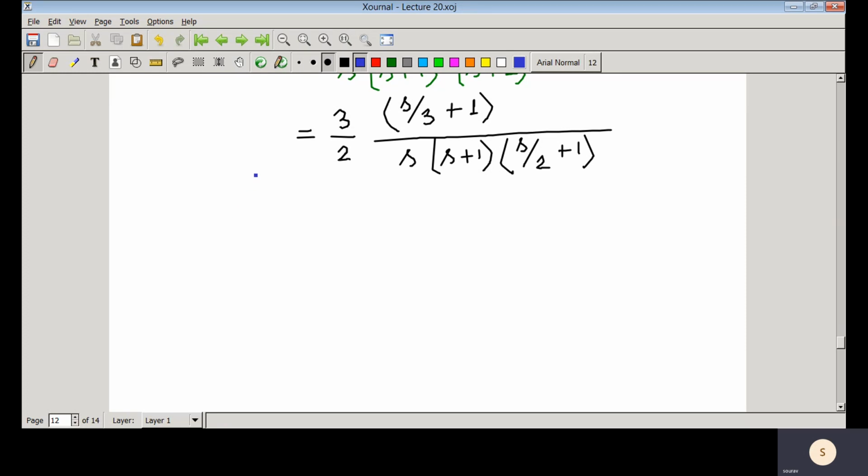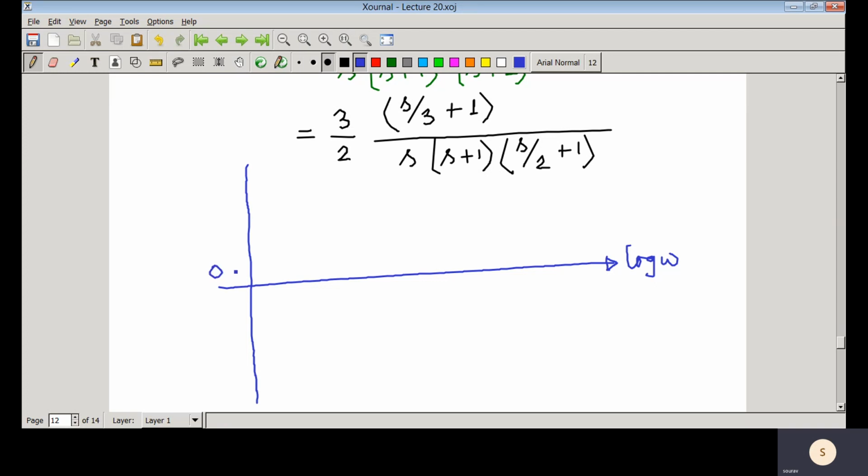Here first we draw the magnitude plot. So this is log of omega, and this is 0.1, then you have 1, 10, 100.